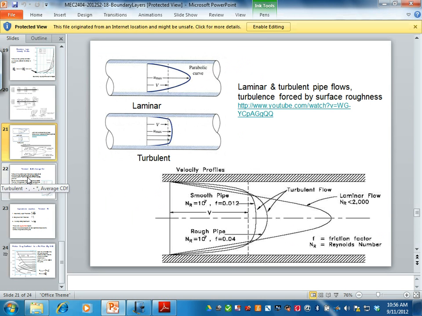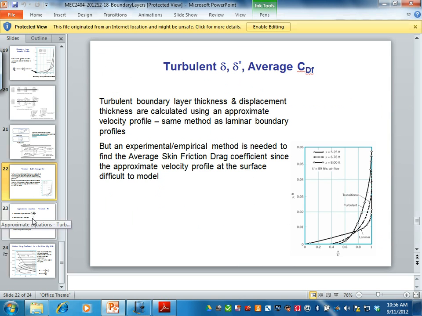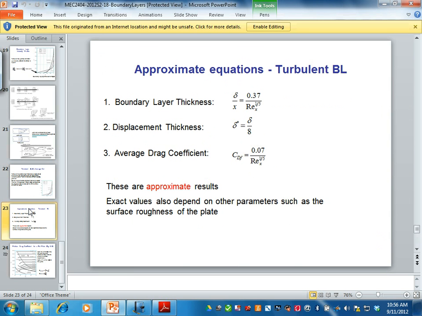Pipe flow, don't worry about it first. We'll talk about it later. Alright, I'll finish off with this slide. For turbulent flow, there's no way to do it analytically.